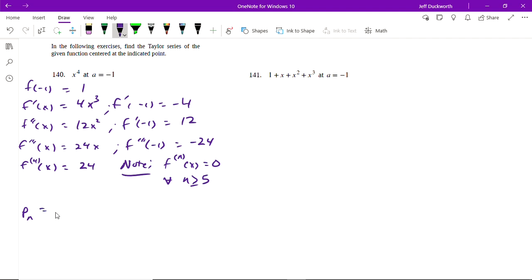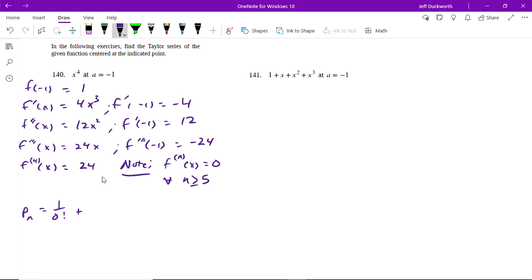So our first one, we're going to have 1 over 0 factorial. Our next one will be 4x cubed, excuse me. Let's do that again. No, that's all wrong. I'm looking at the wrong thing. It should be -4 there.